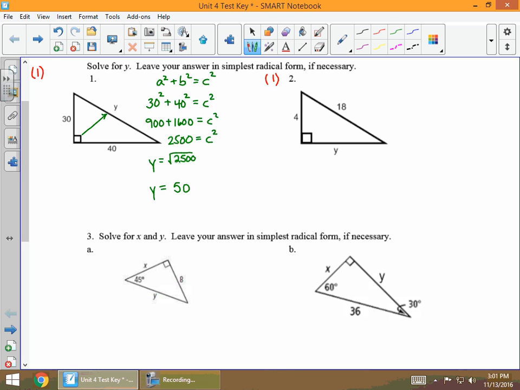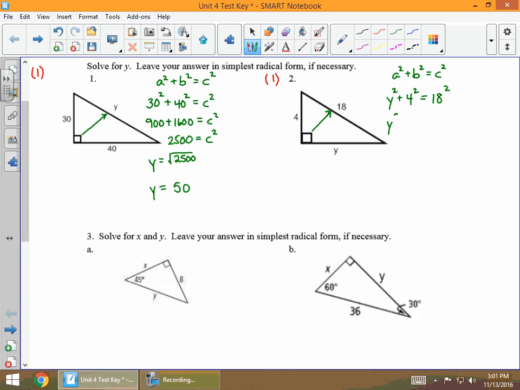All right, for number 2, again, I'm going to do a squared plus b squared equals c squared. That means I have to find c. C is always across from the right angle, so 18 in this case is my c. So a squared, I'll call that y. So y squared plus 4 squared equals 18 squared.